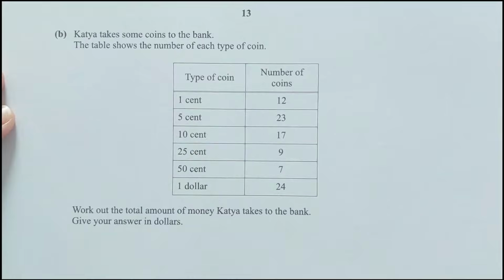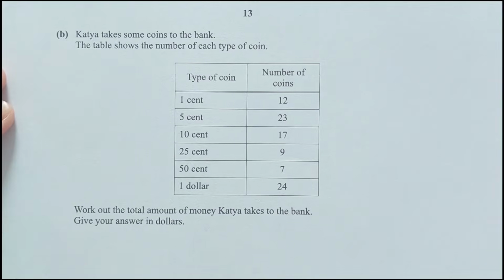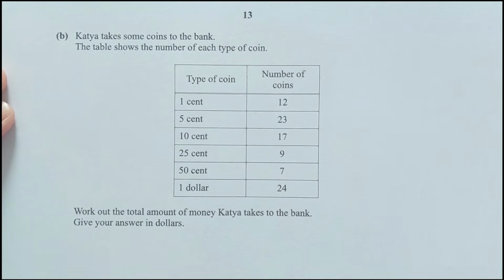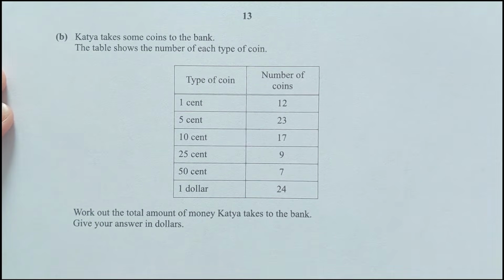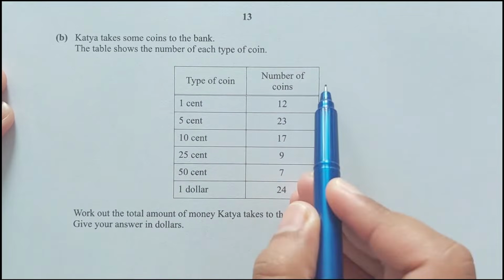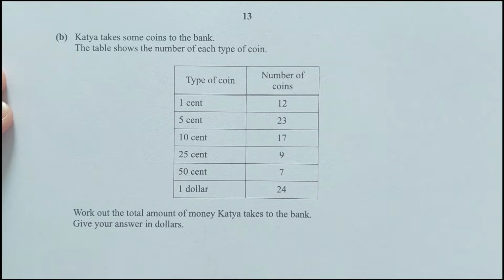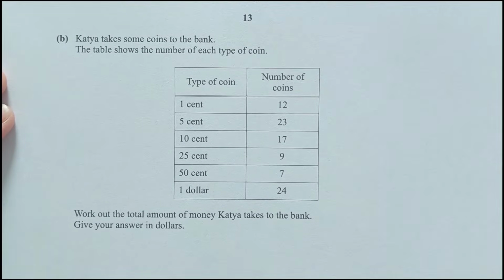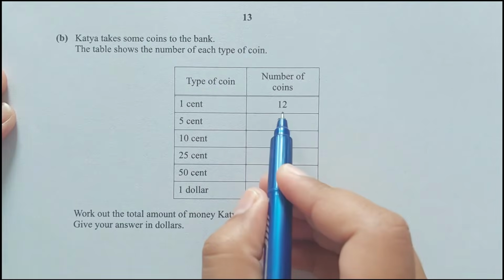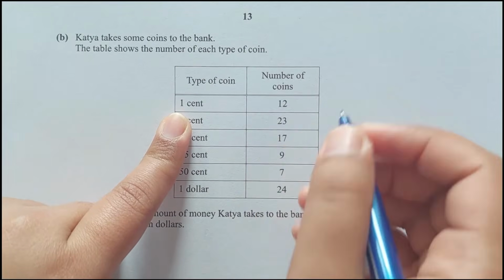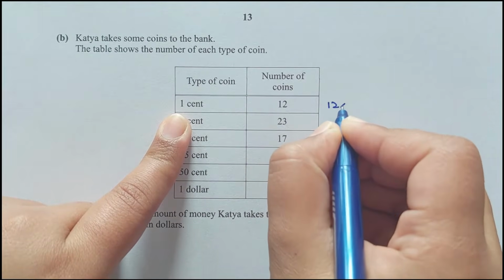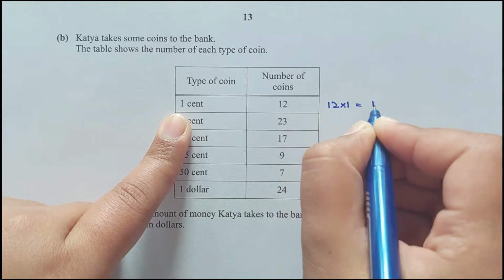Okay, now for part B, Katya takes some coins to the bank. The table shows the number of each type of coin. Work out the total amount of money Katya takes to the bank. Give your answer in dollars. So there are 12 coins of 1 cent, so 12 times 1 is 12 cents.